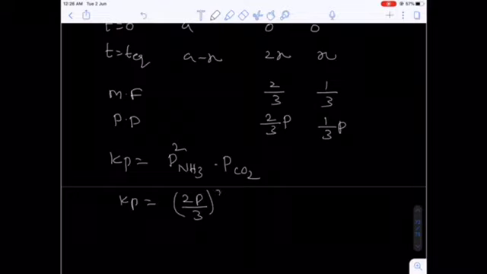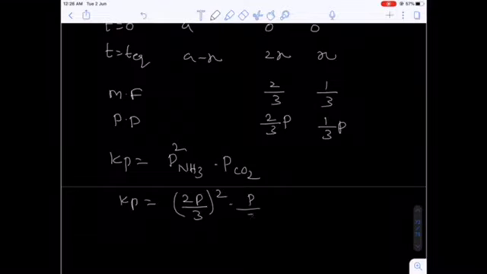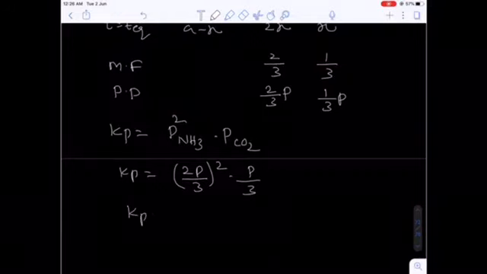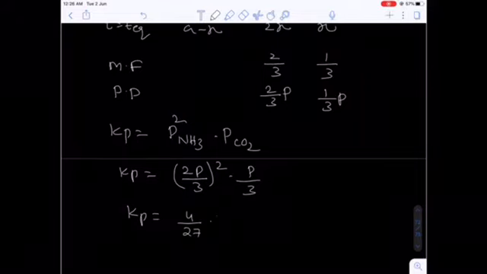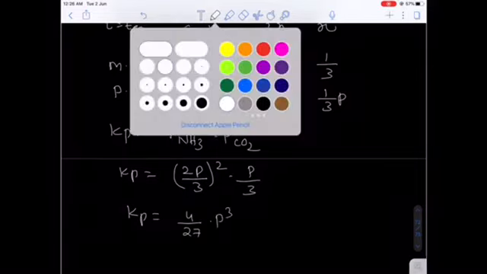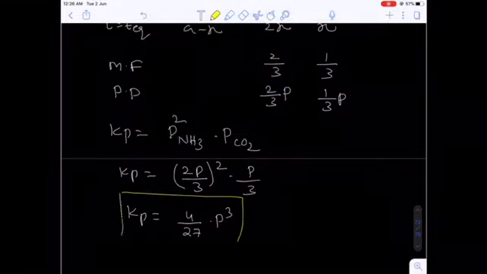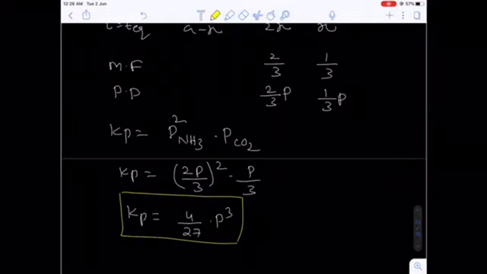Kp is equal to ammonia, 2P by 3 whole square, and this is P by 3. From here we can write Kp will be equal to 4 by 27 into P cube. This is a very important expression regarding the Kp and total pressure of the system at equilibrium.